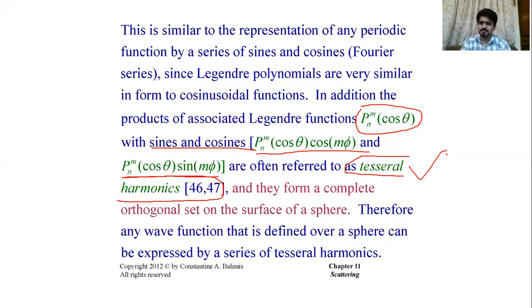And what is the region over which they create this orthogonality set? That is basically the complete surface of a sphere.